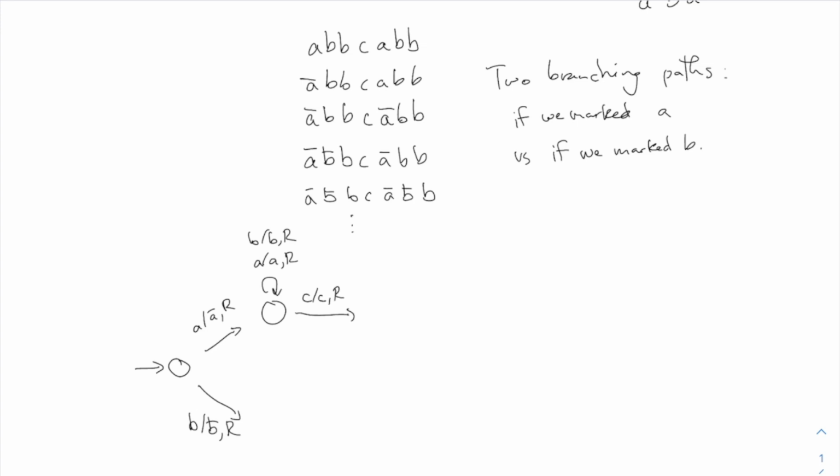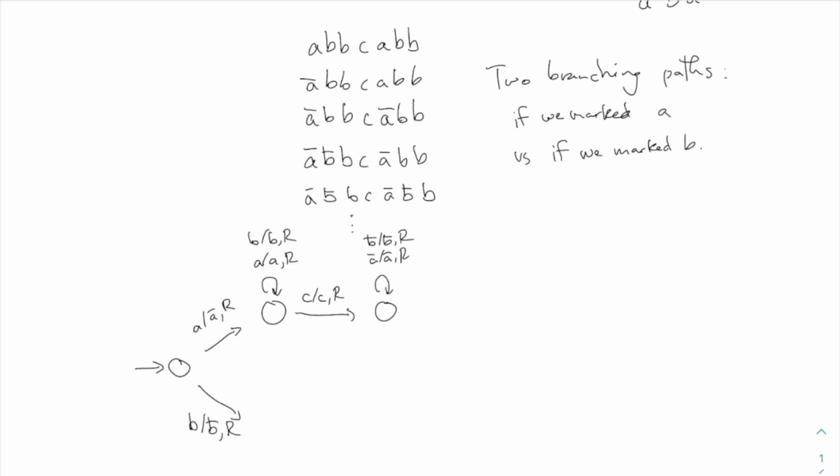Now we're on the other side of the C, and I think at this point we need to continue moving to the right through any previously marked things, if there were already marked A's and B's on the right side of the C. So from here, I'm going to say A-bar R, B-bar R. That means continue moving to the right through any previously marked letters.